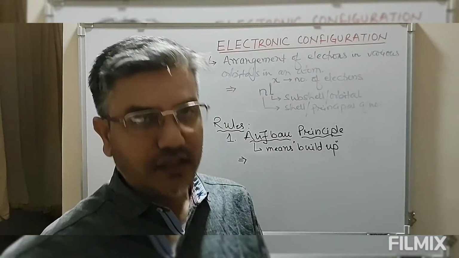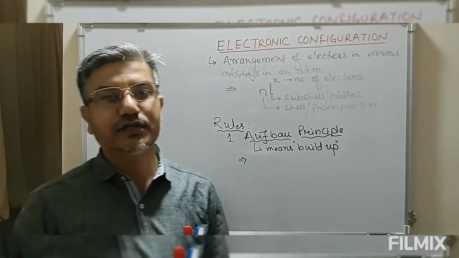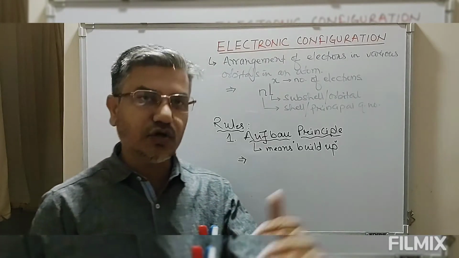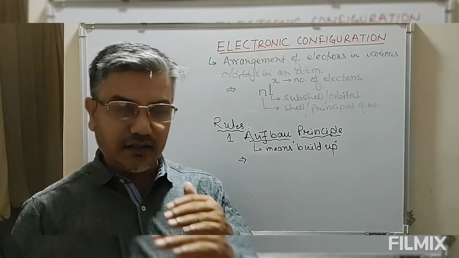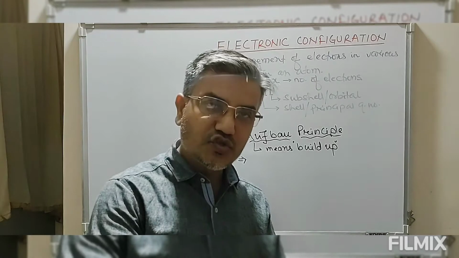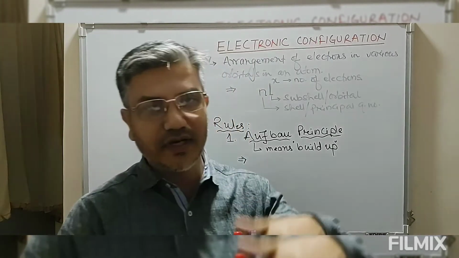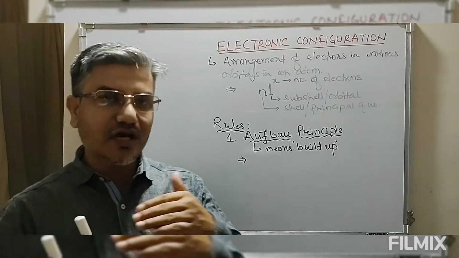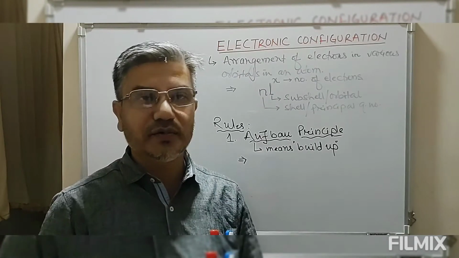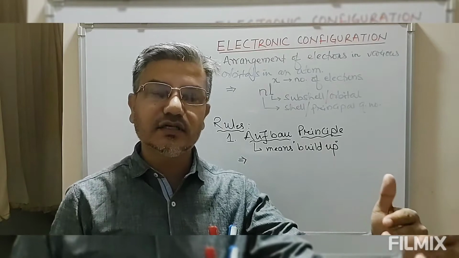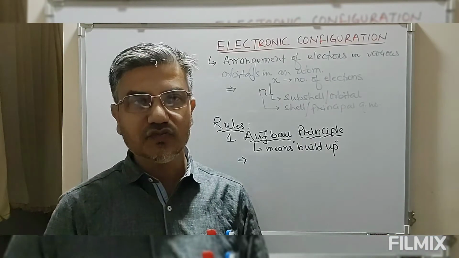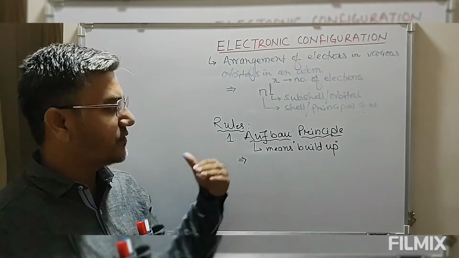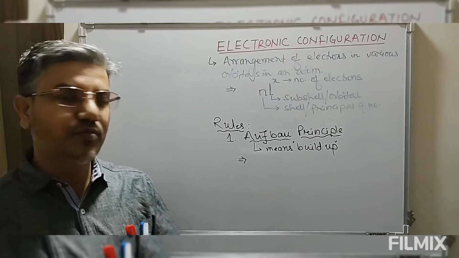This rule says when we place electrons in various energy orbitals, then the lower energy orbital is to be first filled up, followed by the next higher energy orbital. That means electrons are entering into various orbitals in order of increasing energies. So this energy order is what we call as the Aufbau principle.